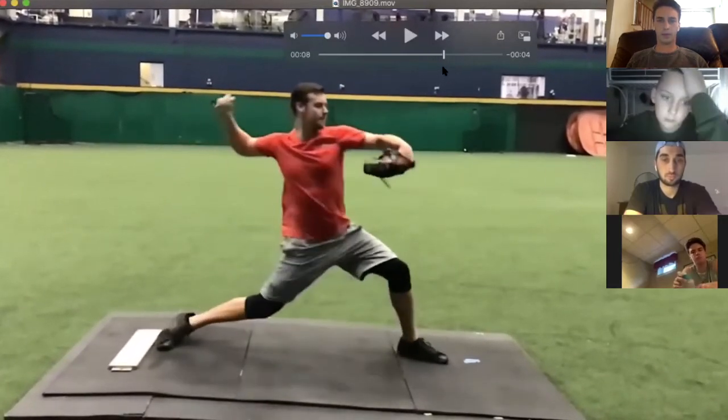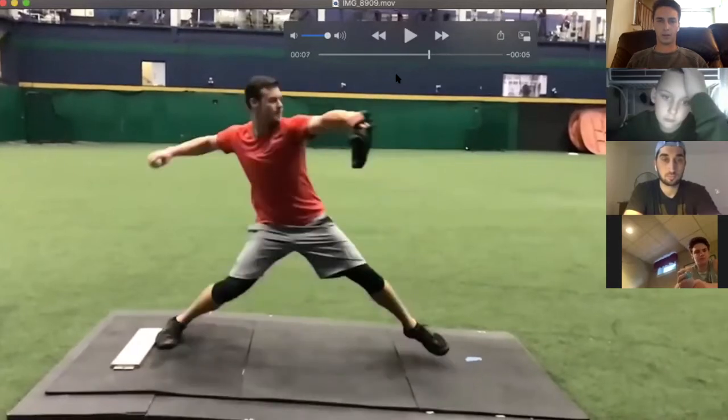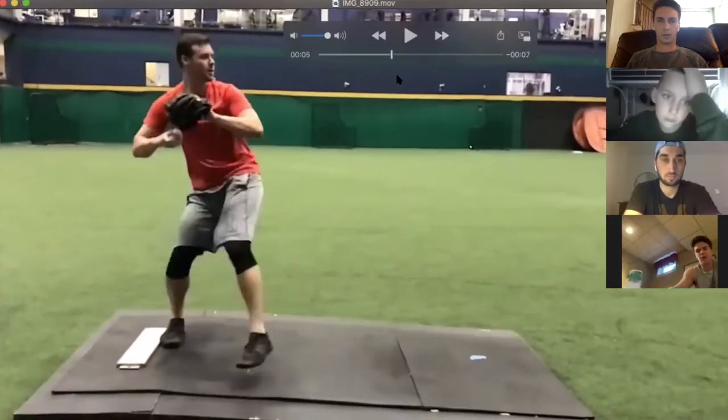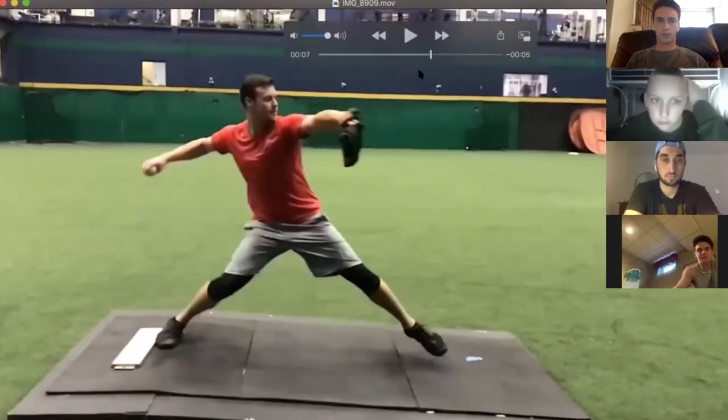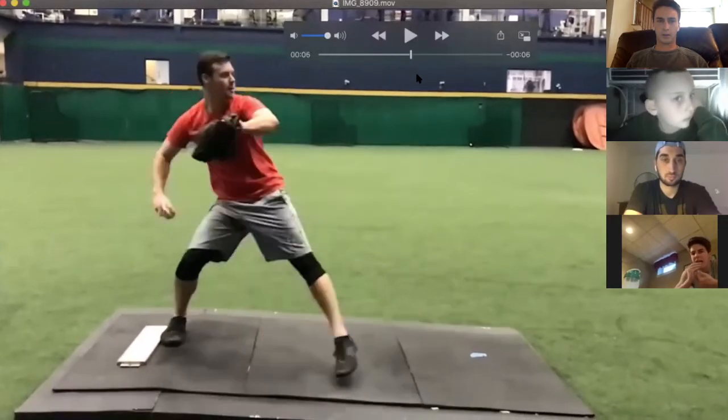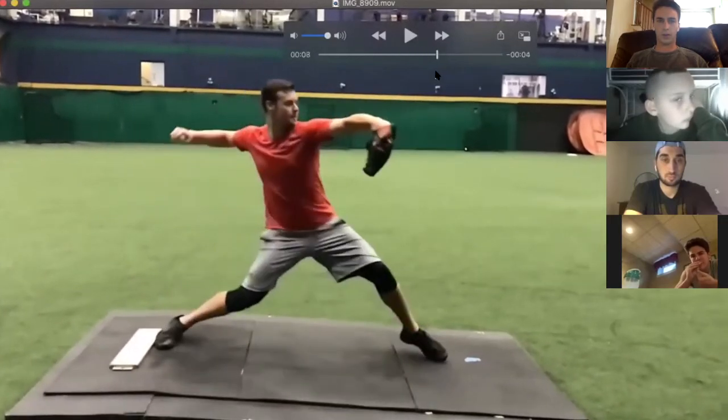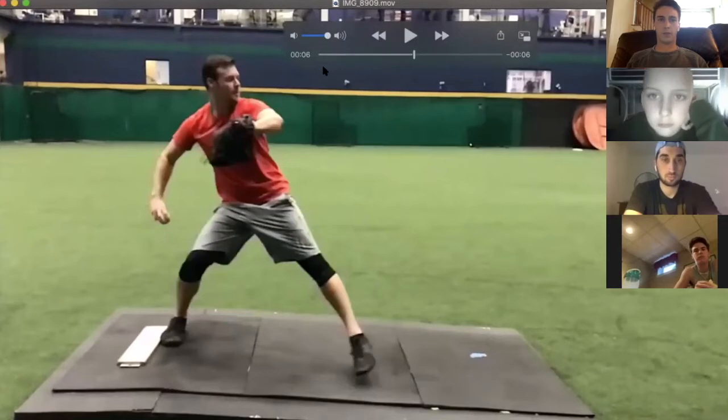Next, let's take a look at his glove side, what that's doing. So as he breaks, he keeps his shoulders pretty level. So you don't see a lot of reaching up here. Some guys will swoop down and up. He stays pretty level.